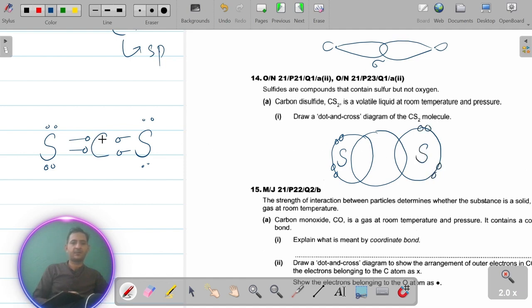Now carbon to sulfur is a double bond, so the electrons of sulfur and the electrons of carbon, 1, 2, 3 and 4. I'm representing carbon's electrons with crosses. Because a double bond is there, there are 4 electrons here, 4 electrons. It is carbon.